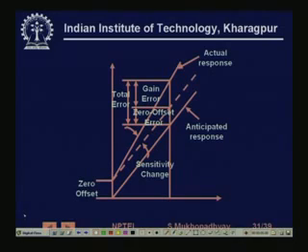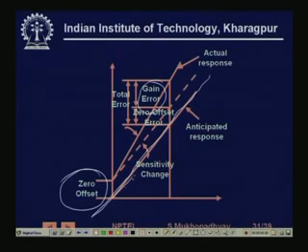In such a case, such systematic errors, very often you try to characterize in terms of a zero offset and a gain error. So suppose this is the anticipated response, that is, the instrument is supposed to nicely go through 0 and have a sensitivity, but actually what you observe is this. So this error you actually classify in terms of a zero offset and a sensitivity change.